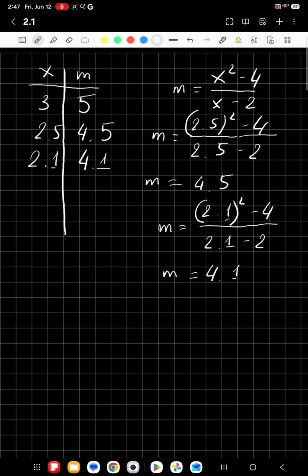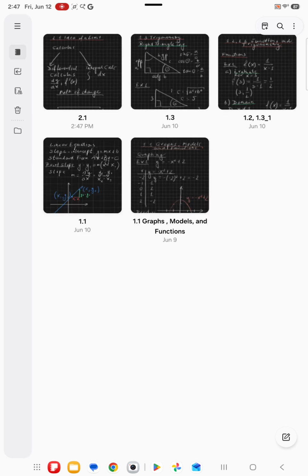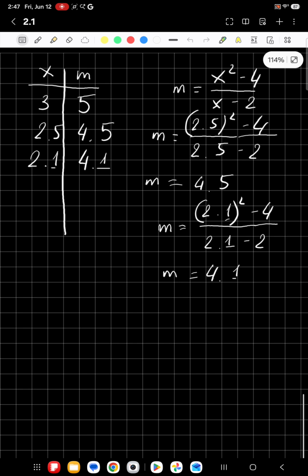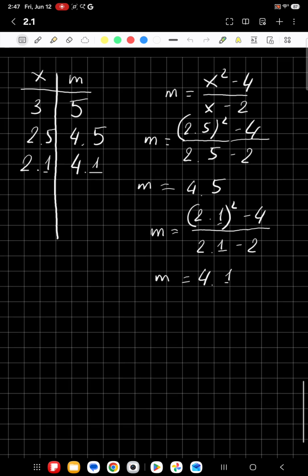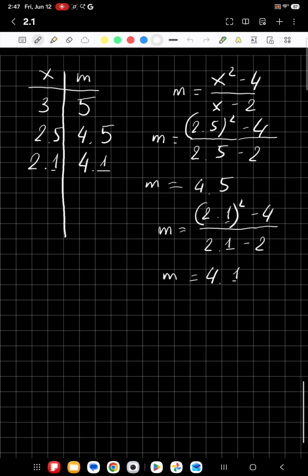Let me give you a couple more numbers here. 2.00001, so I'm very close to x equals 2, and the slope will be 4.00001, with three zeros.